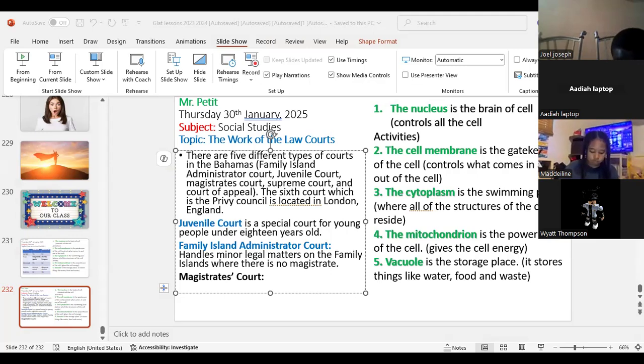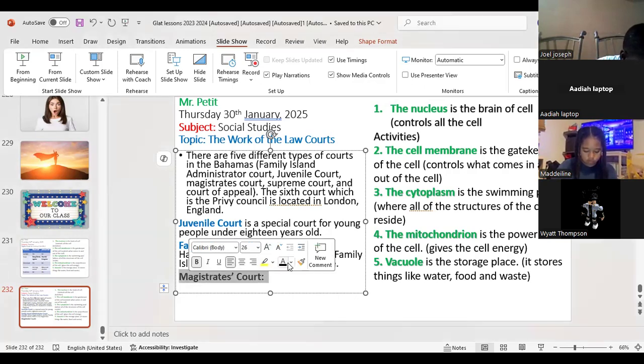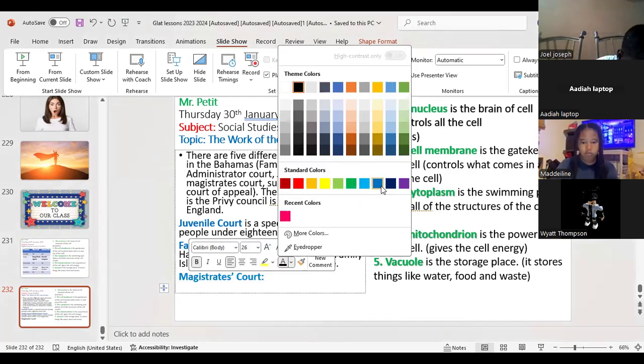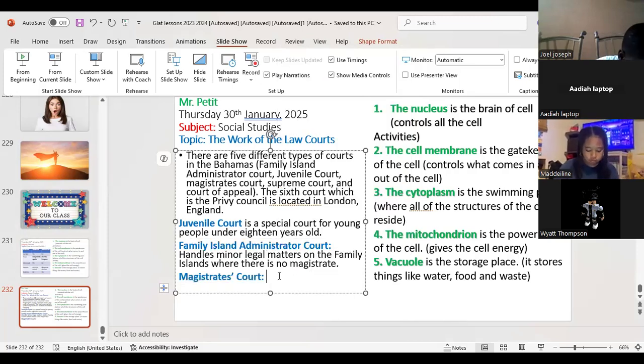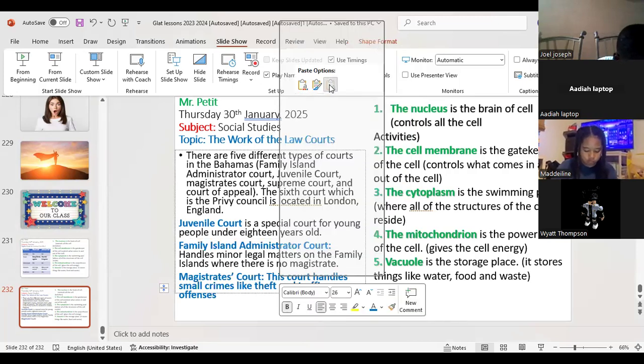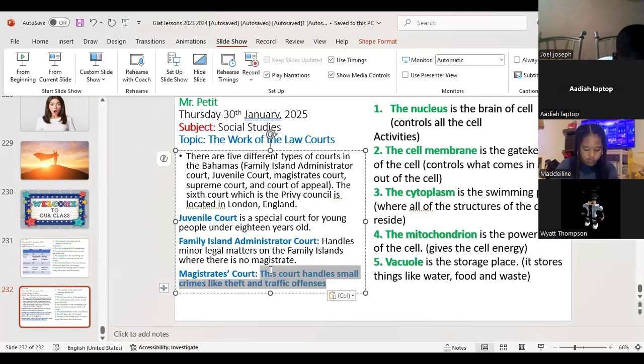This court handles small offenses, and it also decides whether or not a case should go to the Supreme Court. So this court handles small crimes like theft and traffic offenses.